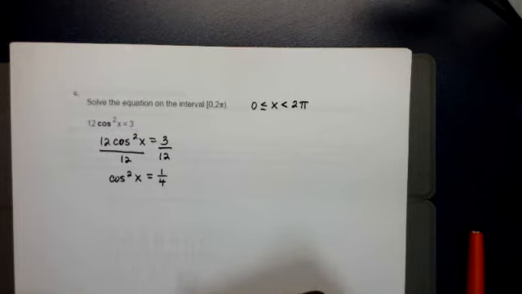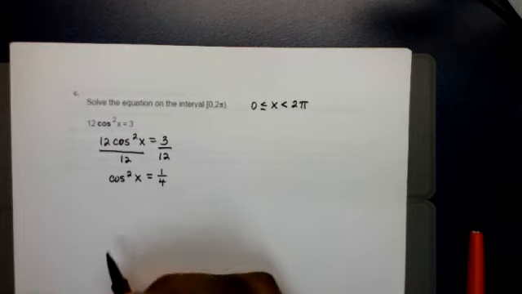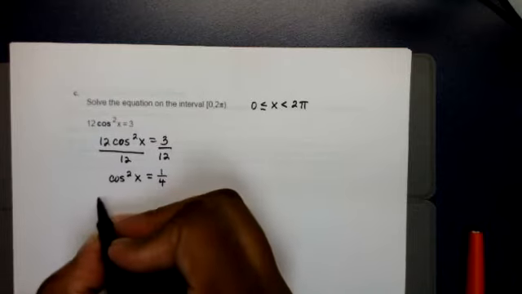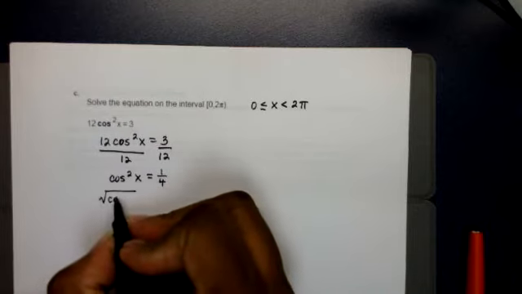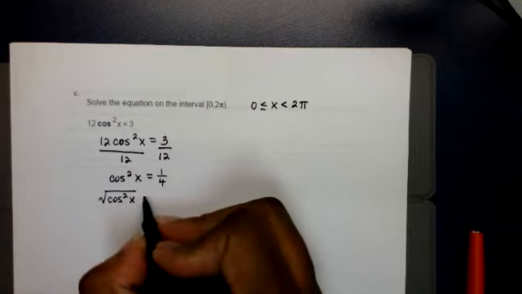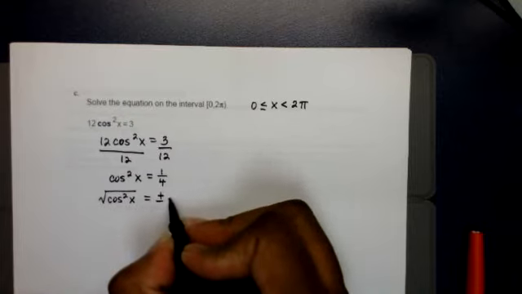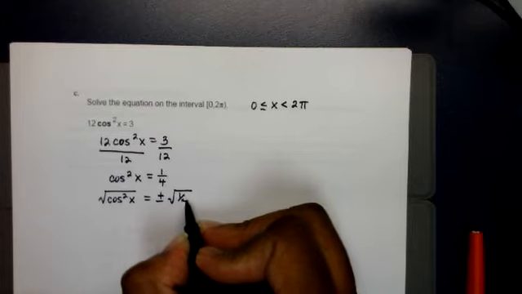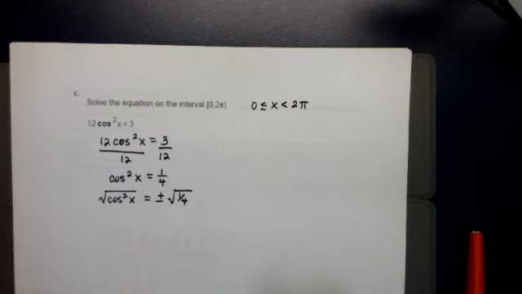And now to get cosine x by itself, it's being squared. So the opposite of squaring something means you need to take the square root on both sides. This time, I'm going to include that plus or minus symbol. Anytime you take the square root on both sides of an equation, you must include that plus or minus symbol.